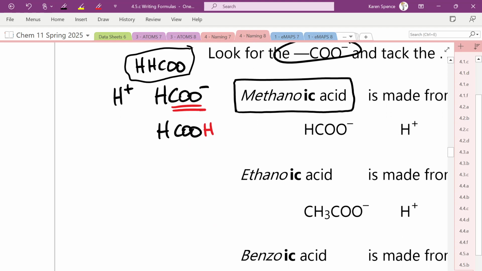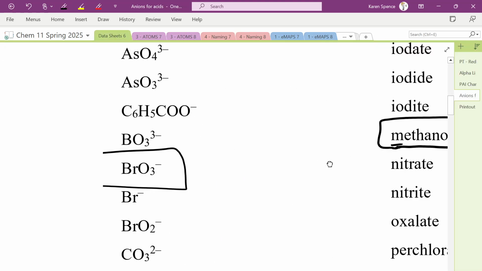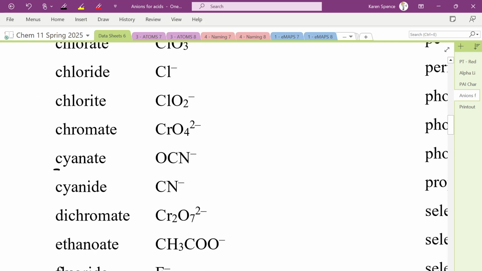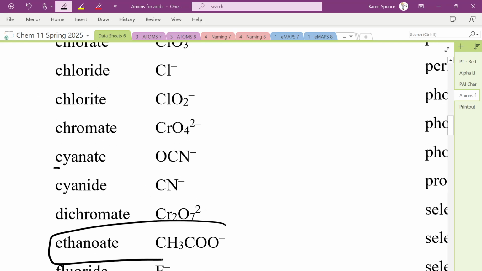Okay. Ethanoic acid, ethanoate. So we go and look it up on our data sheet, under E. Ethanoate is CH3COO-.